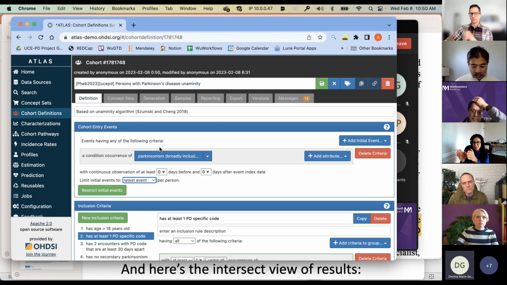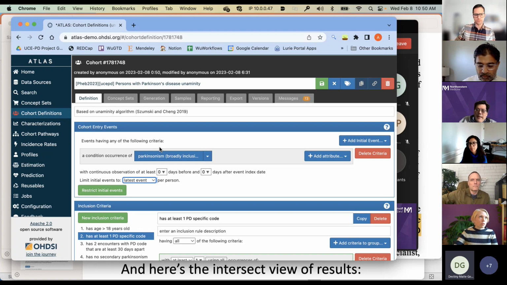Once we apply this, that start date will reflect the last time the person came in with Parkinson's disease. That's what the start date means. Right, that is the case.